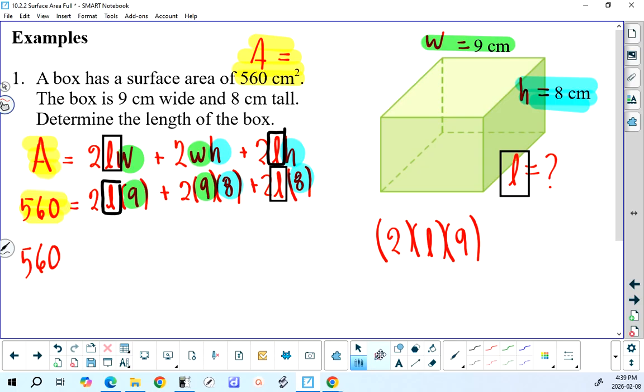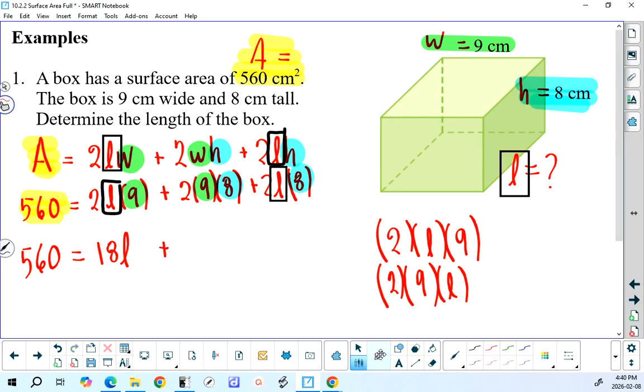When you multiply things together, the order doesn't matter, so I could think of this as 2 times 9 times L, but 2 times 9 is 18. Well, 18L is a lot simpler than writing 2 times L times 9. So we've simplified that.